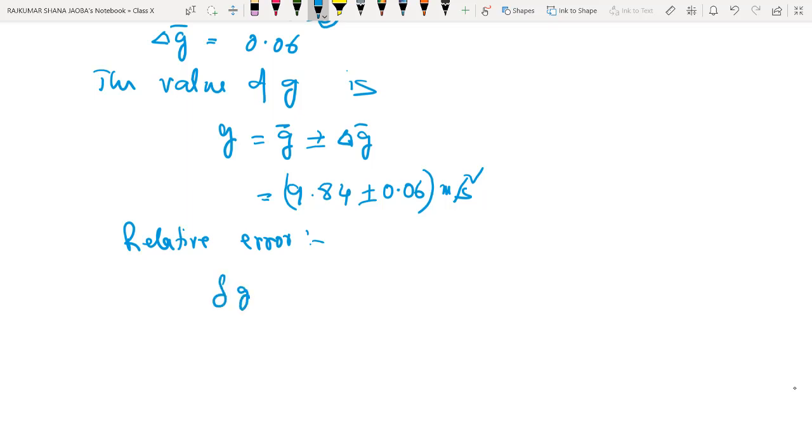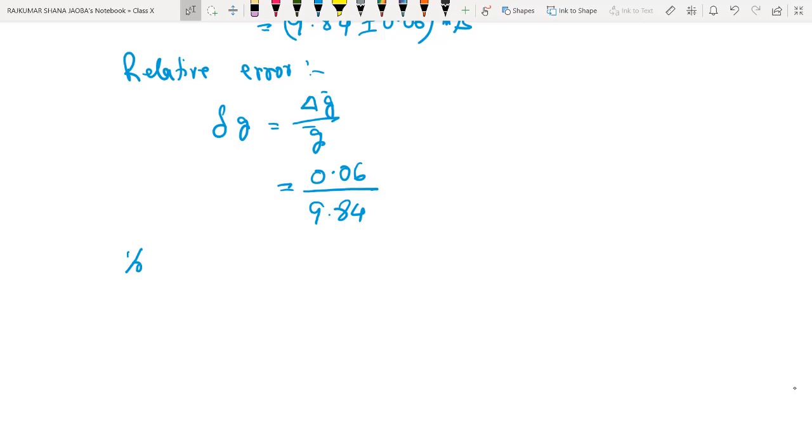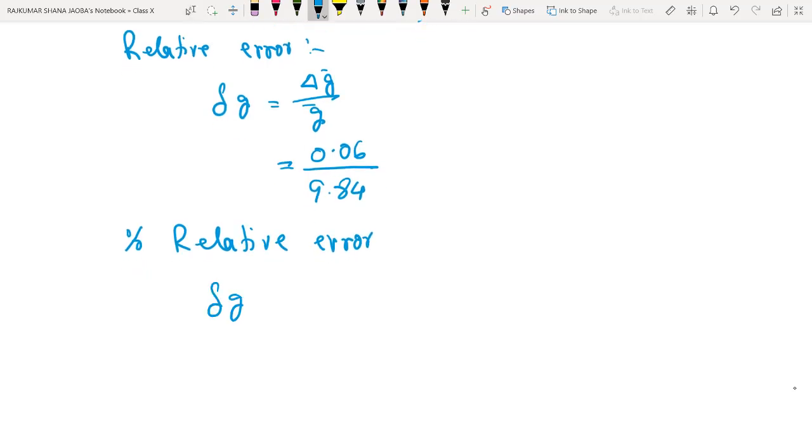So relative error is delta G bar divided by G bar. So this is 0.06 divided by 9.84. So this is relative error, and percentage relative error is delta G percent equal to 0.06 by 9.84 percent.